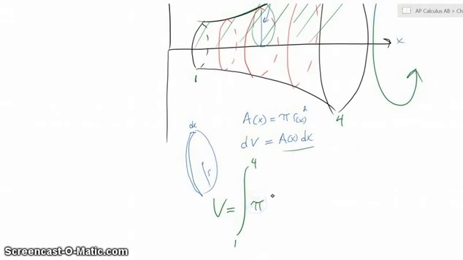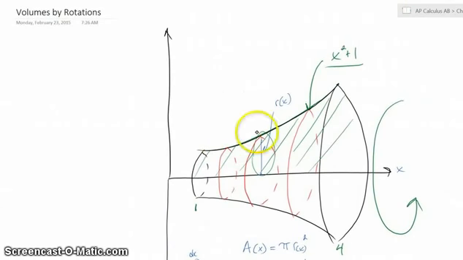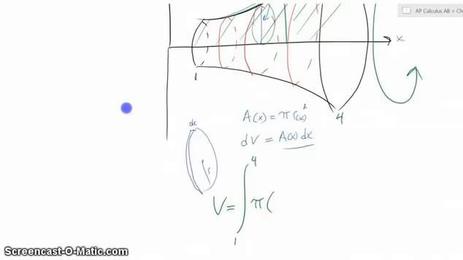So pi r squared. In this case, r is given by, the radius is given by the height above the axis to this curve, and that's this function here, that's x squared plus 1, squared, times dx. And so then we can evaluate that function.